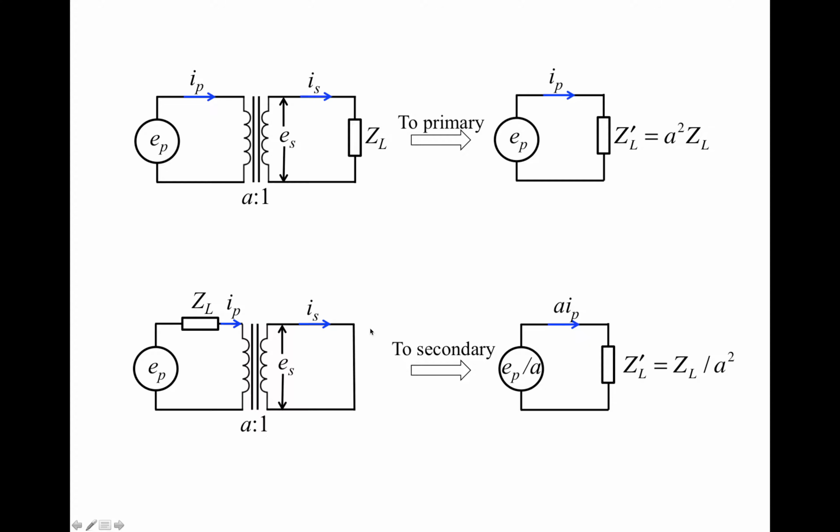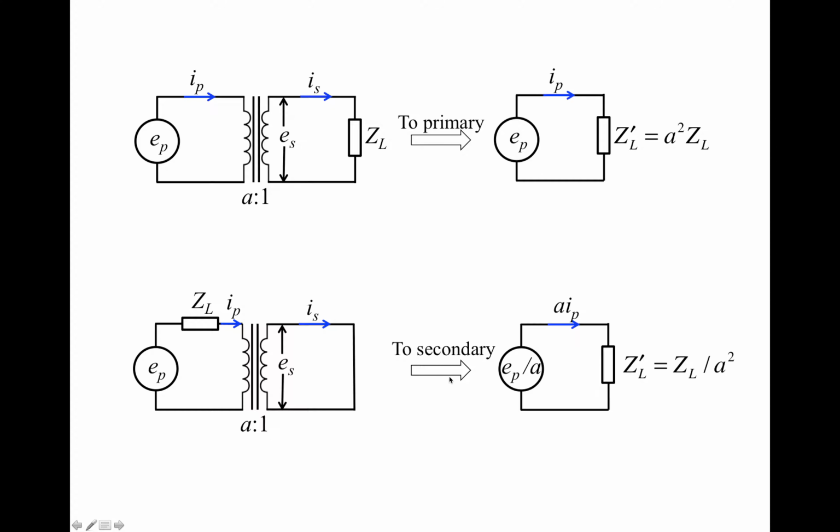So the apparent impedance for the secondary side load should be the actual impedance ZL divided by the turns ratio squared. ZL prime equals ZL divided by A squared.